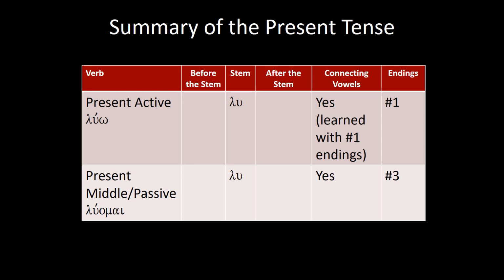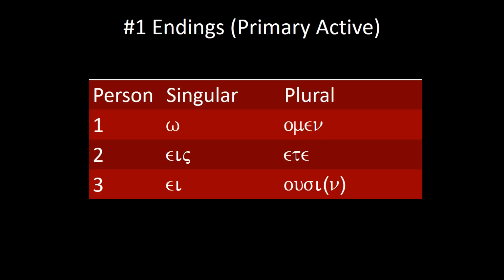So let's look at this present active, luo: stem, connecting vowels, endings. Here are those number one endings, which are the primary active endings. O, eis, ei, omen, ete, ousi. Now remember, the connecting vowels are built in there.